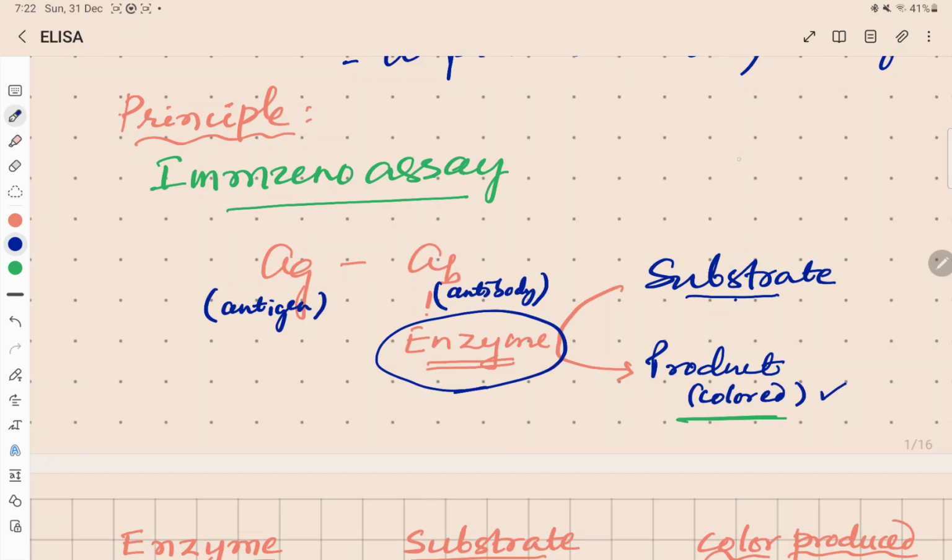Or if the sample contains the antibody, then that antibody will react with the antigen. This will be the primary antibody. Then we will add the secondary antibody, conjugated with the enzyme, and this enzyme will convert the substrate to a colored product.